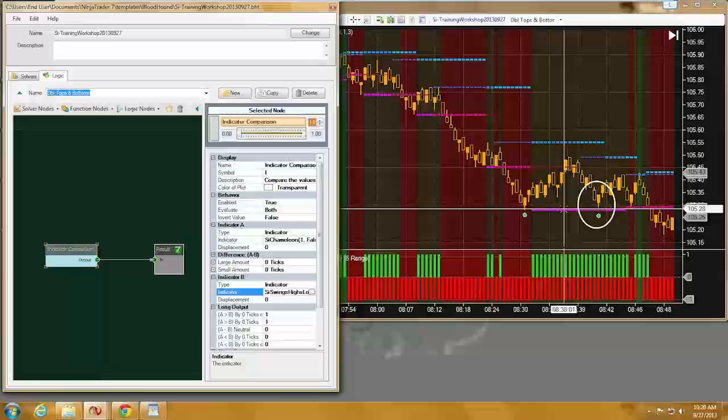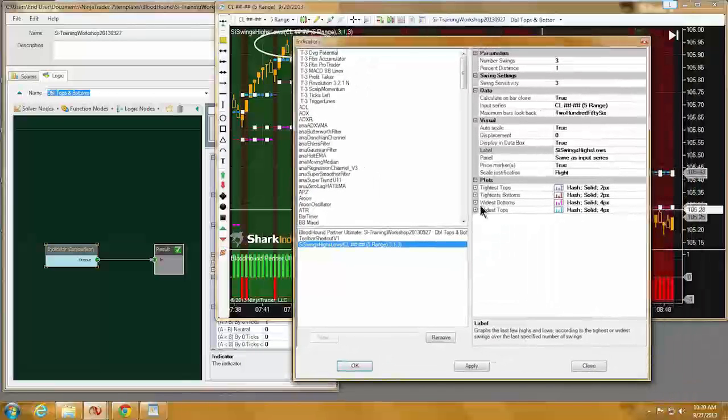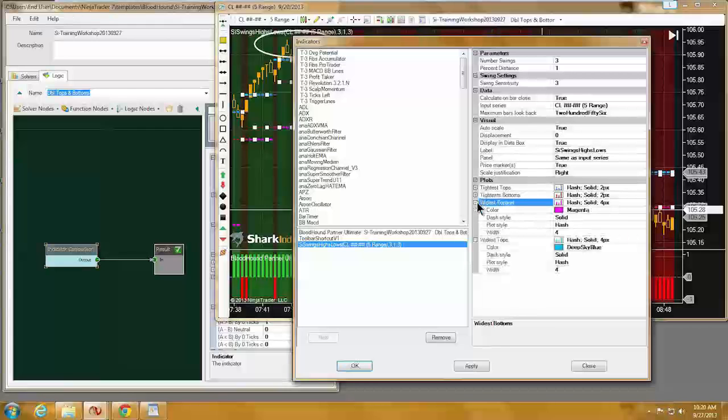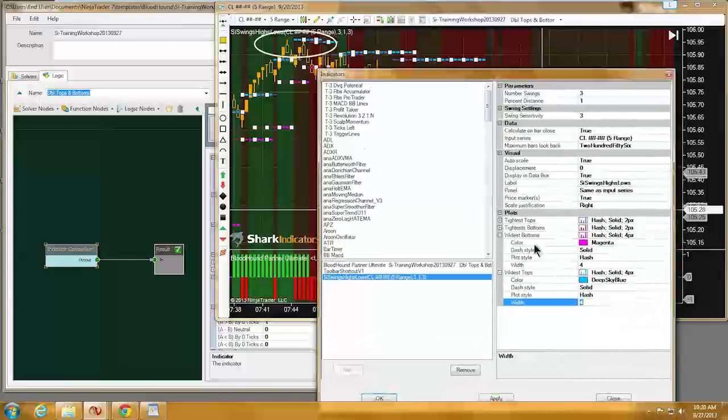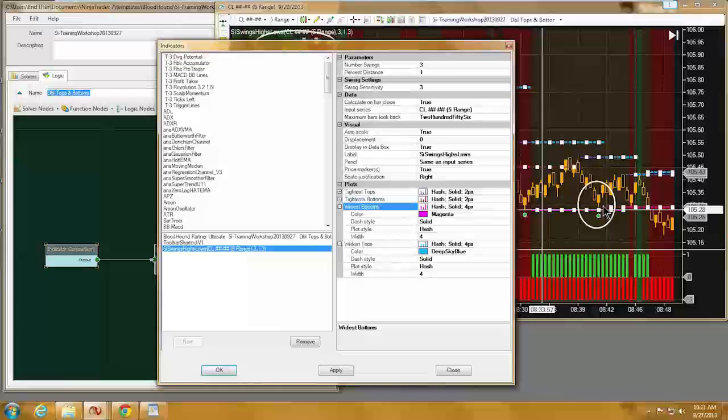Let me open up that indicator. You'll see I set my widest bottoms to a hash plot with a thickness of 4 and my widest tops to a hash plot with a thickness of 4. The widest tops is the thicker blue line up top, and the widest bottoms is the thicker magenta line down here at the bottom.